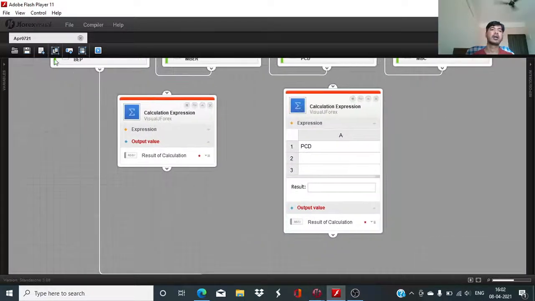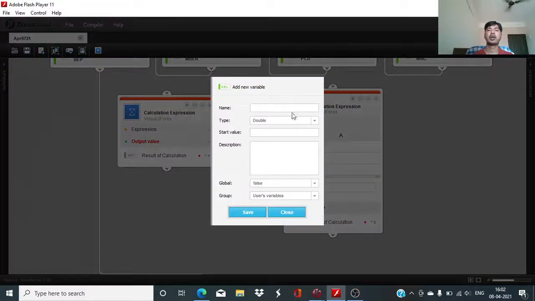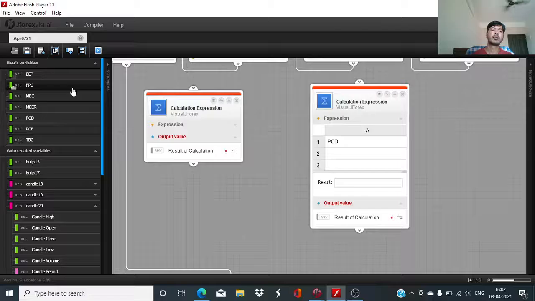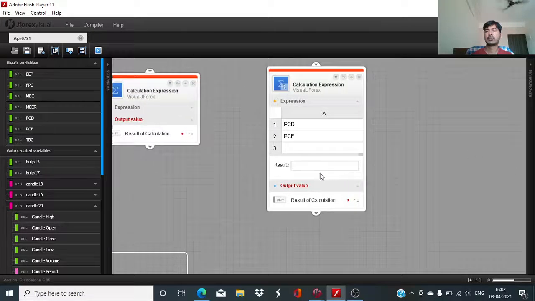So for that I will have to create a new variable, pip conversion factor, and its value is going to be 10k.